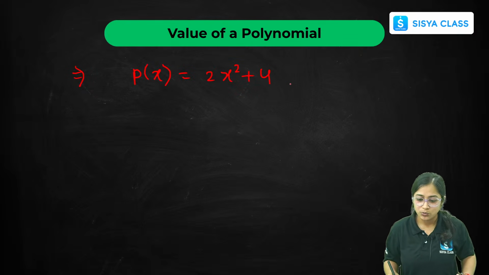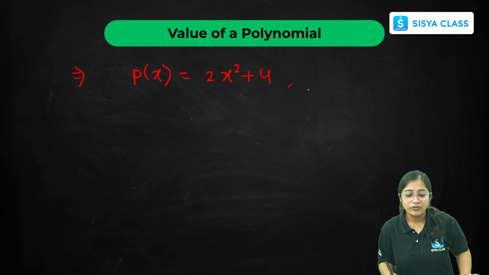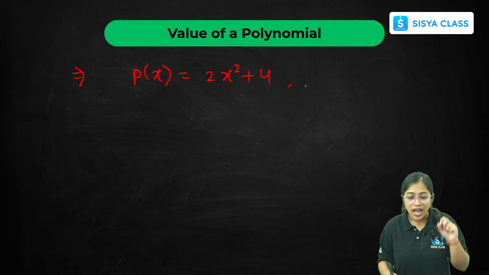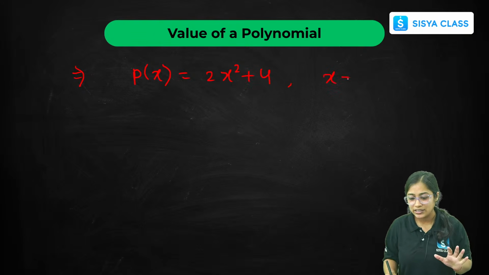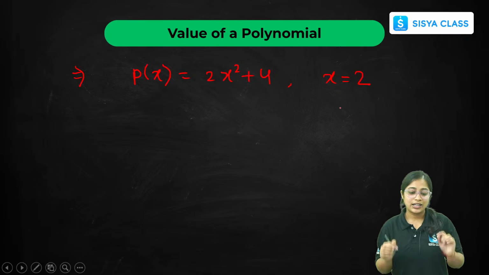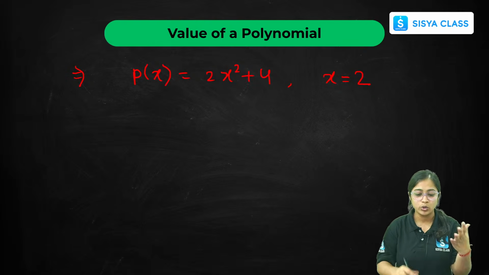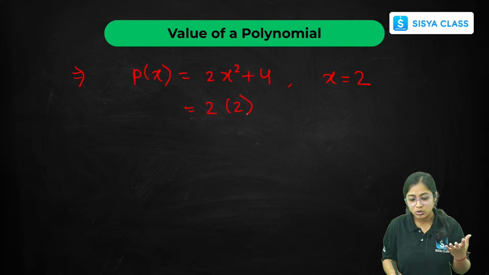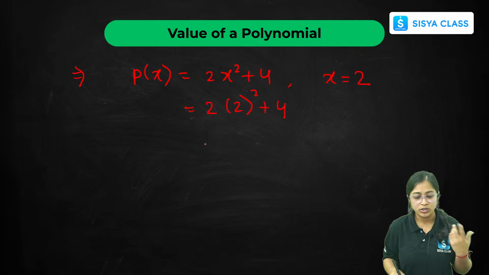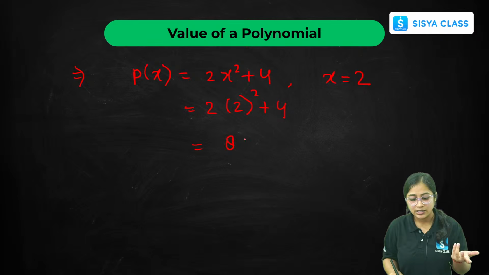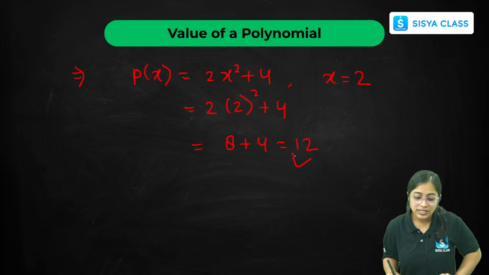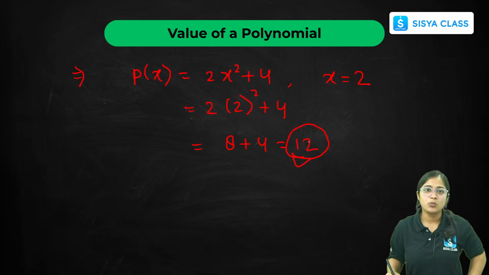Now if I ask you what is the value of this polynomial at x equal to 2, it means that if I substitute 2 in place of x, then what is its value, right? So what will you do? Just substitute 2 in place of x. So you will get 2 into 2 square. So this will be 8, 8 plus 4, and this will be 12, right? So here this 12 is the value of this polynomial.